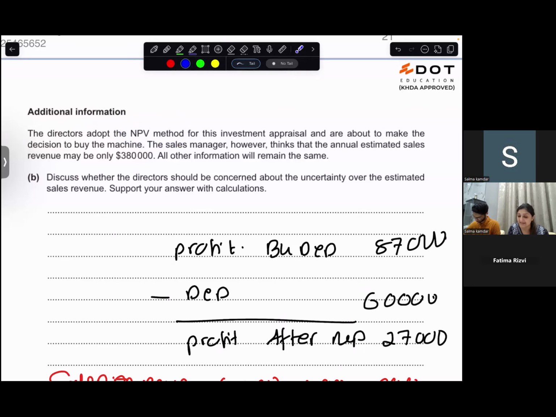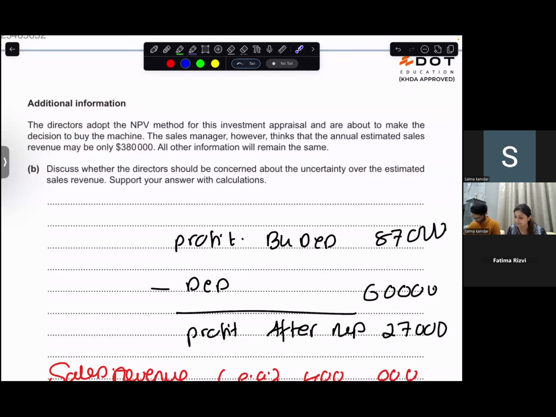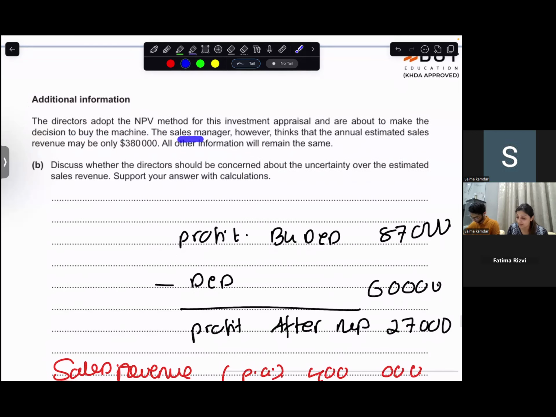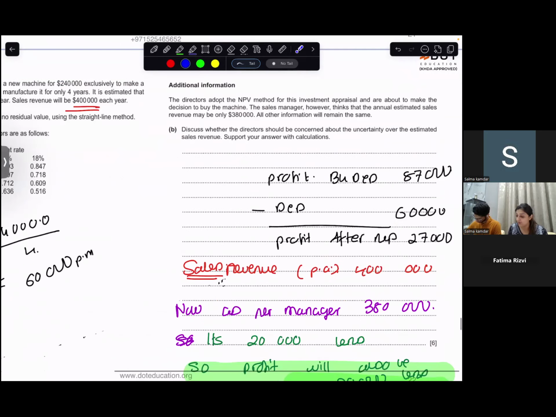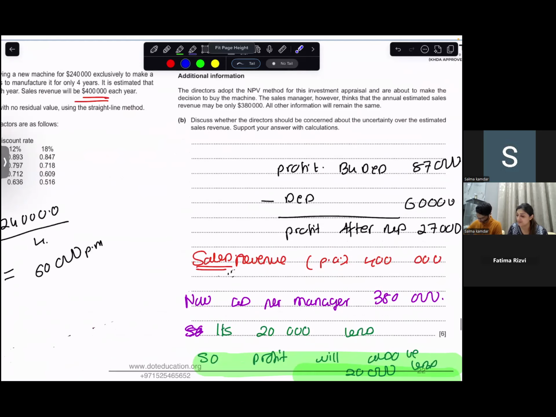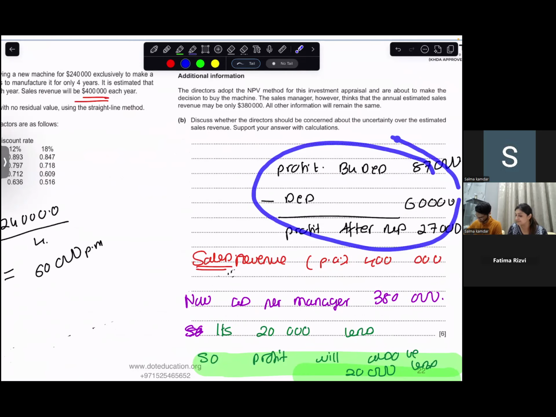They're about to make a decision to buy the machine. But the sales manager thinks that the estimated sales revenue would only be 380,000. All other information remains the same.